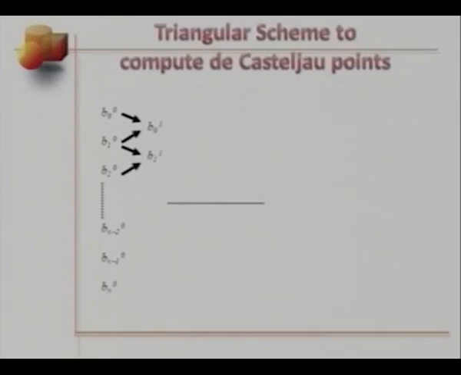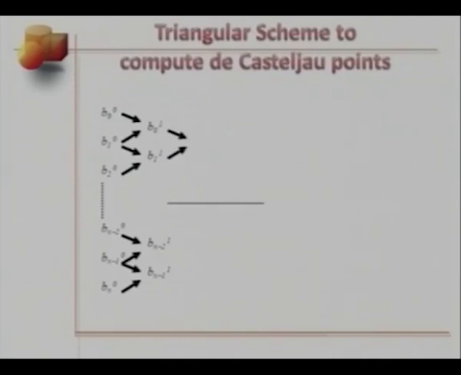This linear interpolation is being performed for a known value of u. We keep on going. We combine adjacent design points to get a new point, in this case b_{n-2}^1. And finally, we combine the last two design points to get b_{n-1}^1. The third column would have all intermediate de Casteljau points as a result of the linear interpolation between points in the first column.